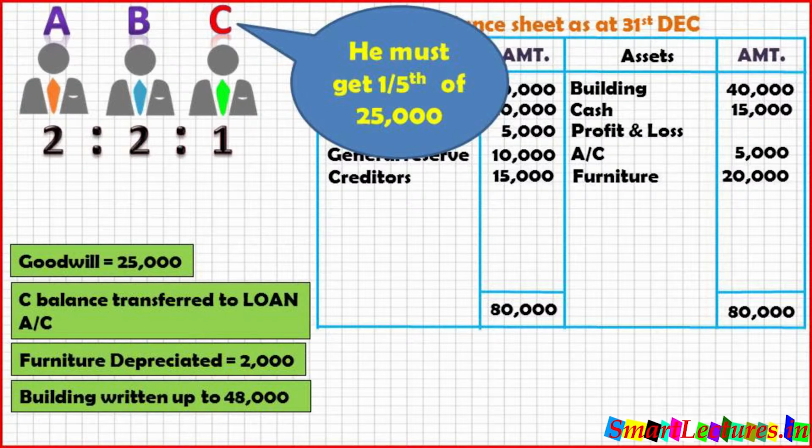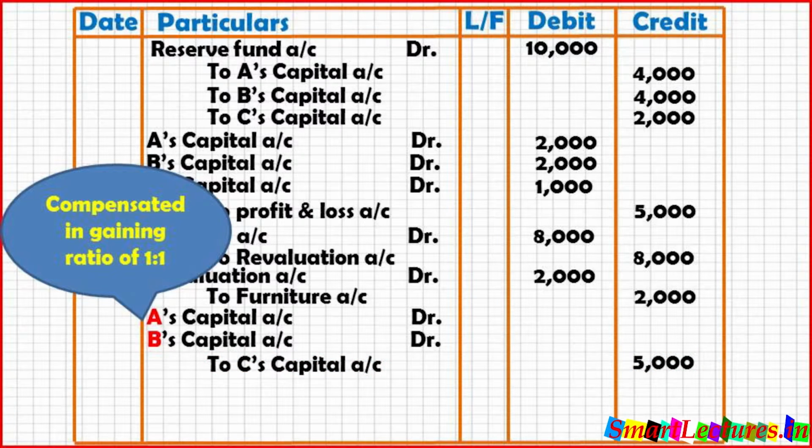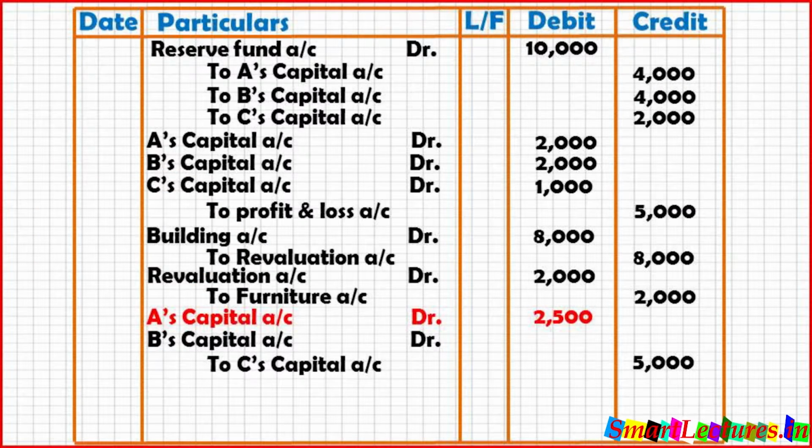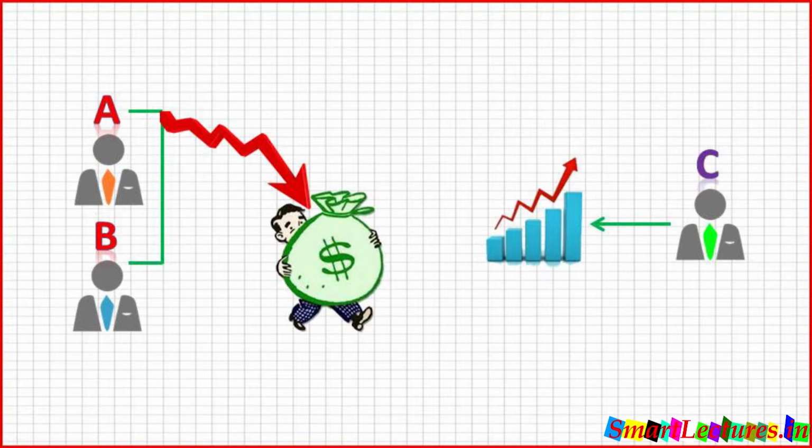It means C's capital 5,000 rupees, and it is always compensated by A and B in the gaining ratio, and gaining ratio is 1:1. It means A's capital account will be debited by 2,500 and B will be debited by 2,500. In this journal entry, we can see that A and B are losing their capital, means the balance of capital, and C is gaining the balance of capital.